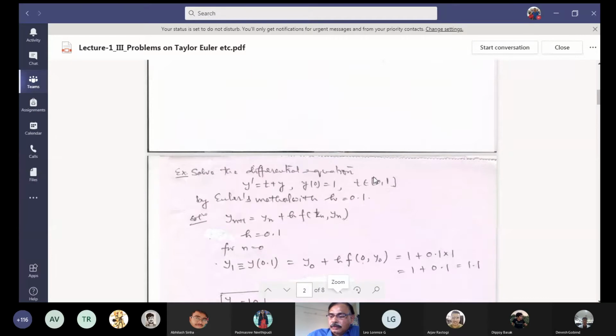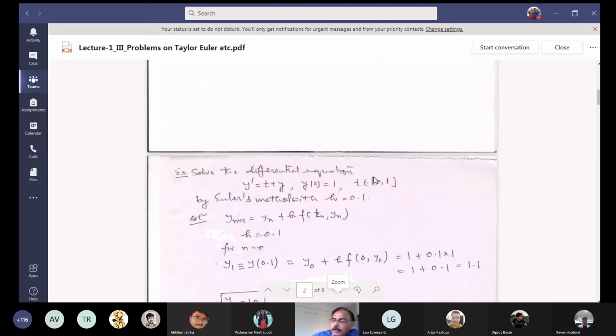So h is given, so x0 is your 0, and then x1 will be what? 0.1, x2 will be 0.2, x3 will be 0.3, and like that. Right? Is this clear? Yes, sir.